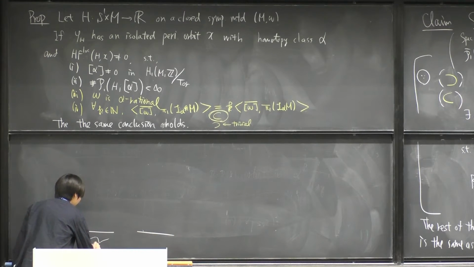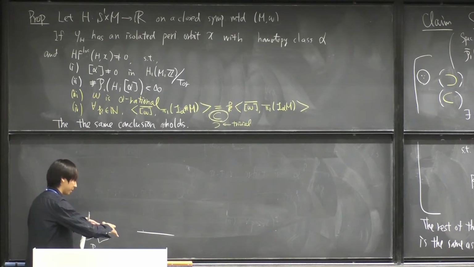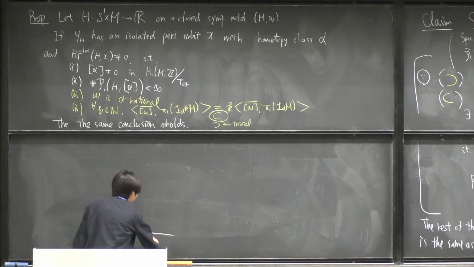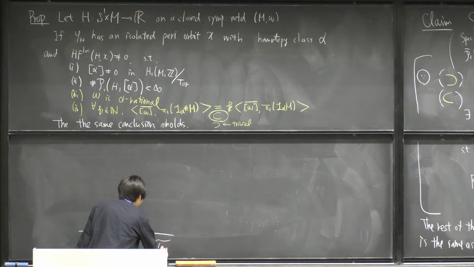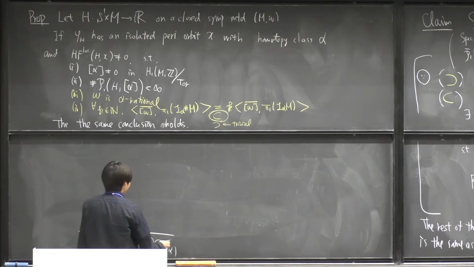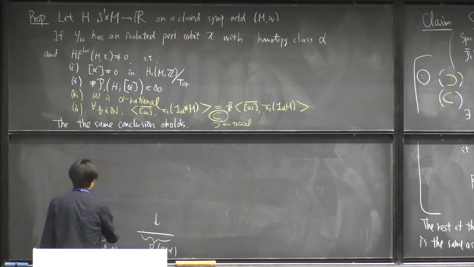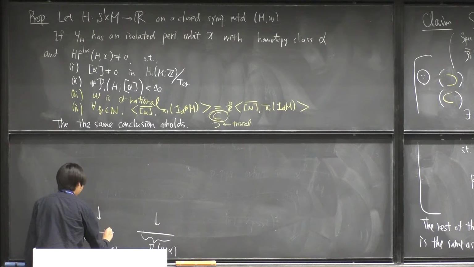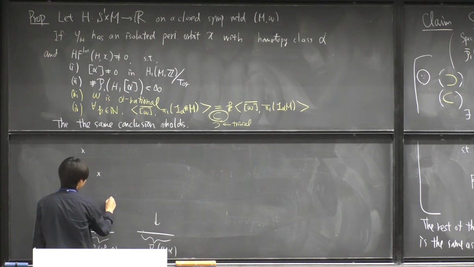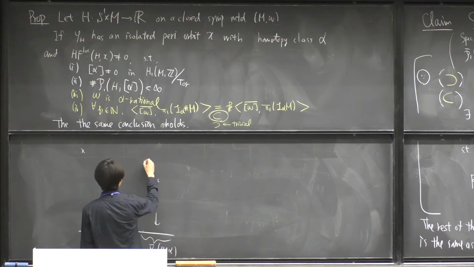This is a periodic orbit in the base space, the p-times iterated one, and this is the uniterated one periodic orbit of H. And we lift them to the covering space like this.